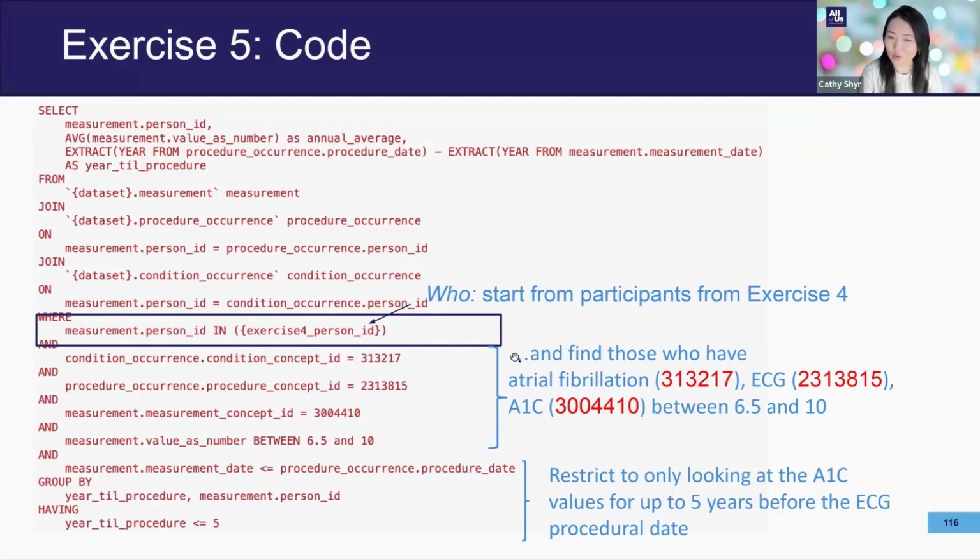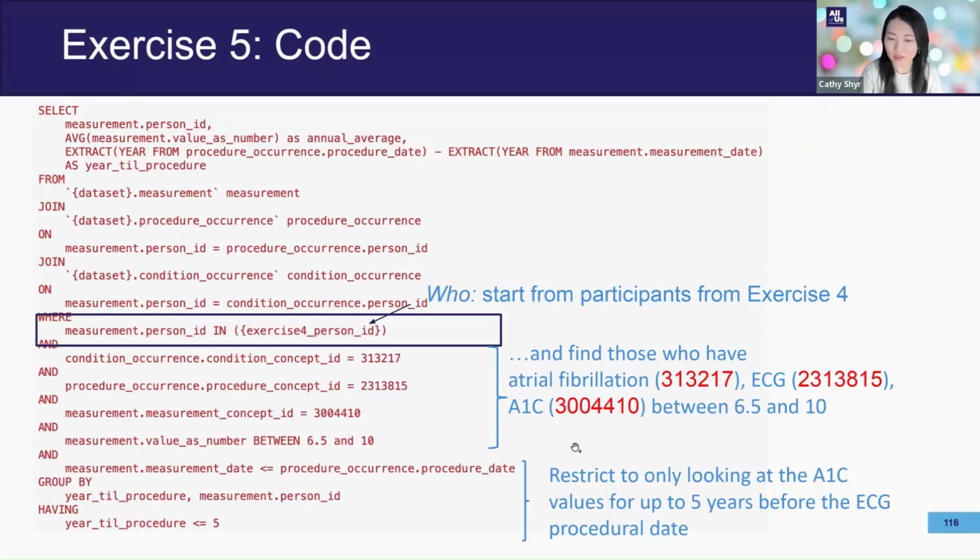In addition, we want people who have AFib: condition occurrence, condition concept ID equals 31217, who've had an ECG and an A1C value between 6.5 and 10.